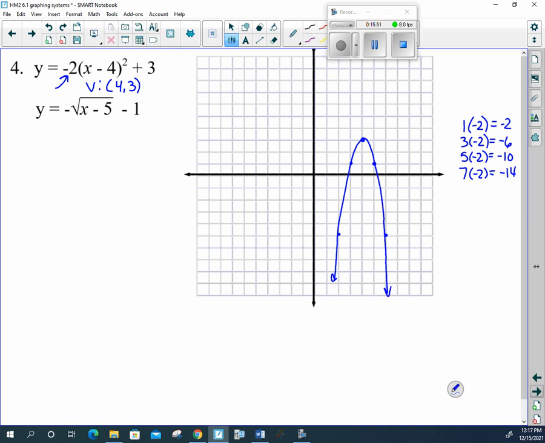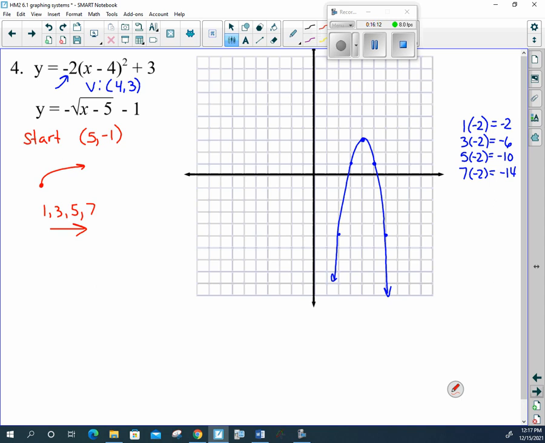Okay, and then this is our square root. So the starting point on the square root is 5, -1. And remember, our shape looks like that, and it's a 1, 3, 5, 7 pattern going right to left, not up and down.